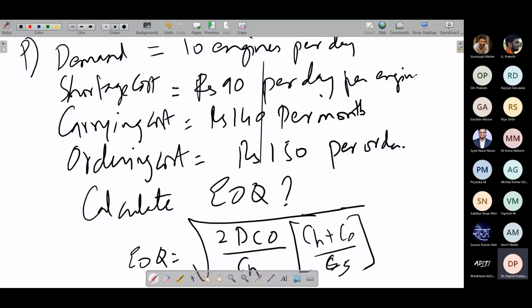I'm getting confused with the formula. Is the formula right? So the formula here is CS plus CH by CS.